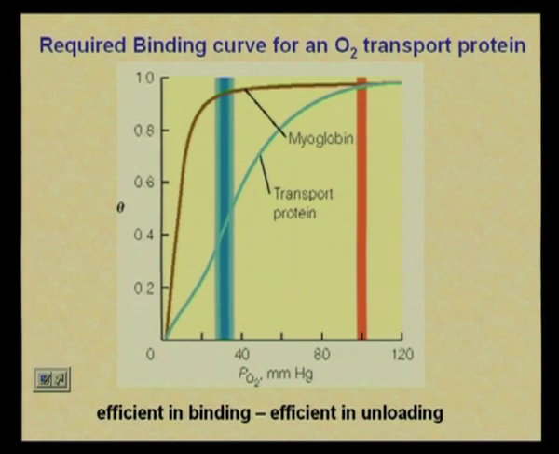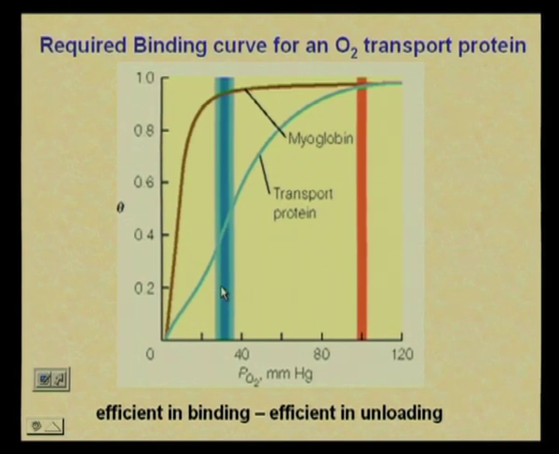So, what do we have? What is this curve depicting? It is telling you that you have something that is efficient in binding and also efficient in unloading. This is the sigmoidal curve of hemoglobin.